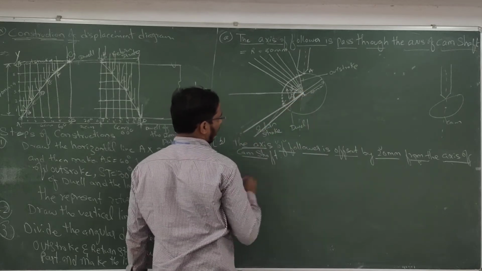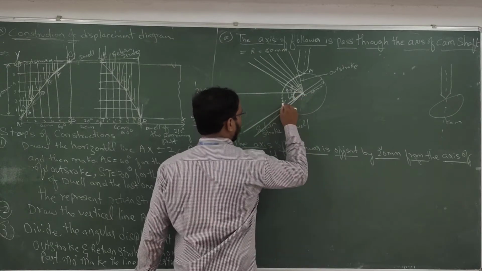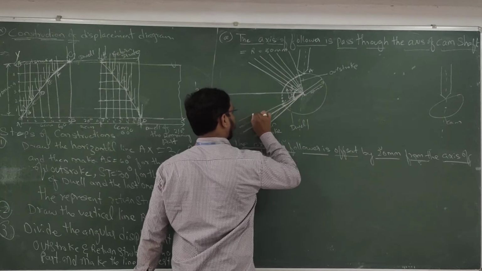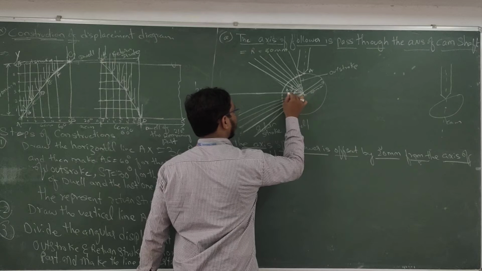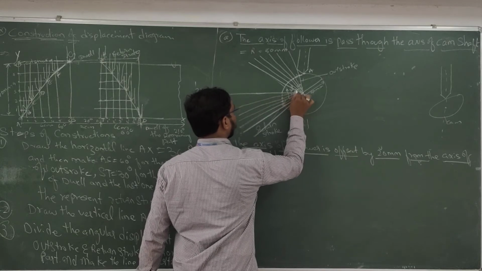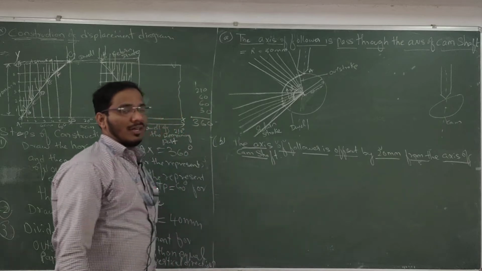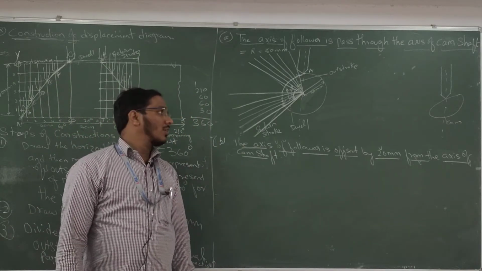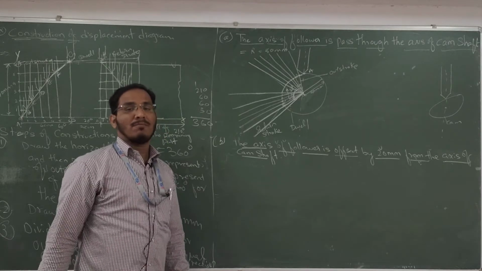Total here the 60 degrees is there. So we divided the outstroke and return stroke into equal individual parts.